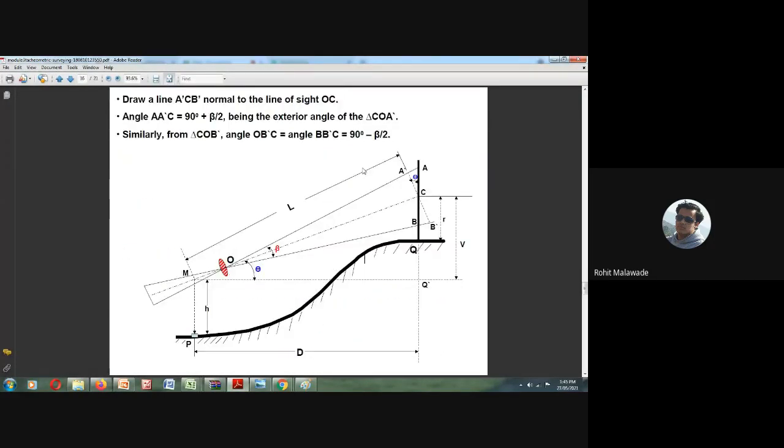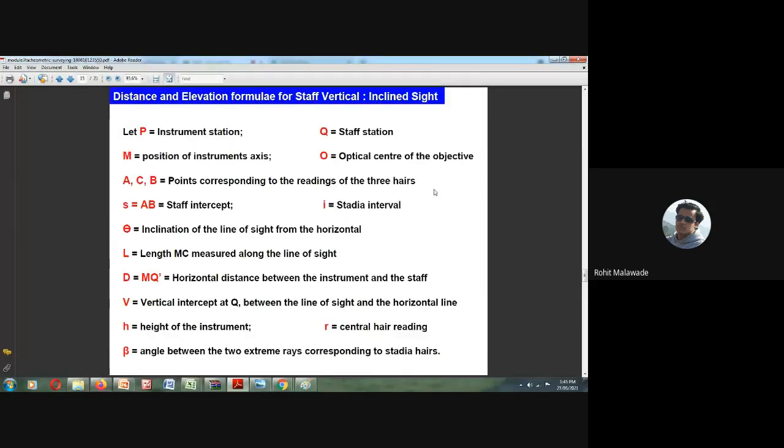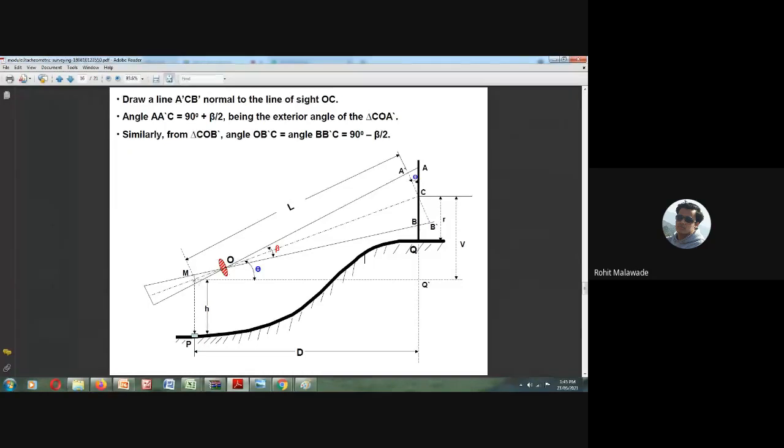Now, this particular distance between A and B, we call it the staff intercept. Then we have theta, the inclination of the line of sight from the horizontal. This is your trunnion axis, and this is your telescope.